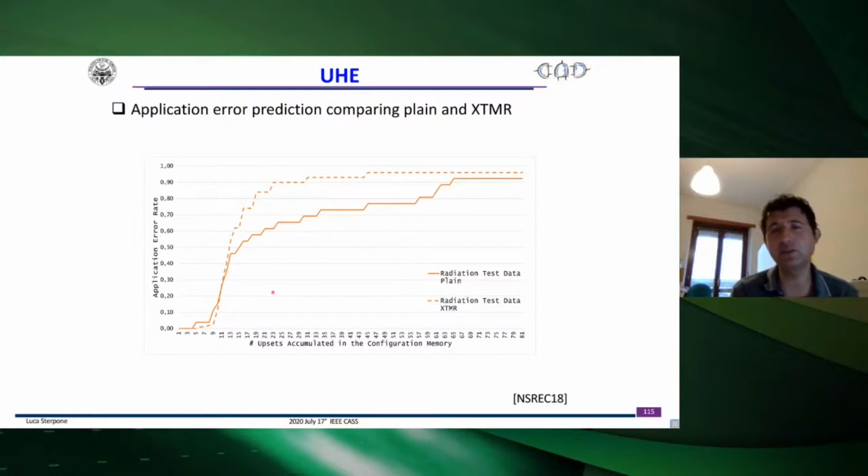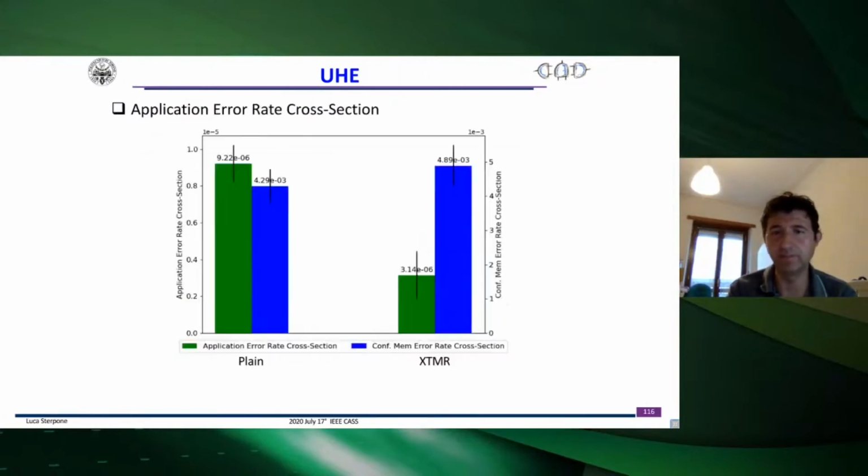Just to show you here, there is a comparison between the plain circuits and the TMR. Again, the interesting point of this shape is that position here, okay? The other result here shows you the cross-section. The cross-section is interesting because it's a measurement of the application error with respect to the circuit. As you can see, the configuration memory is more or less equivalent.